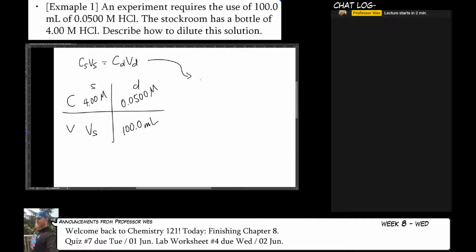So we'll divide both sides by CS to get that. And then I just plug in the numbers. CD, VD, and CS.